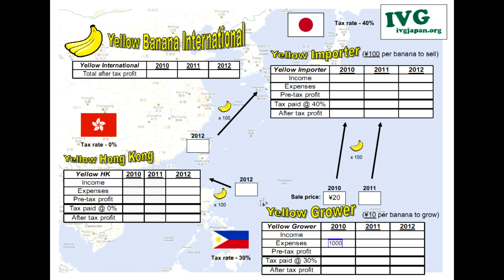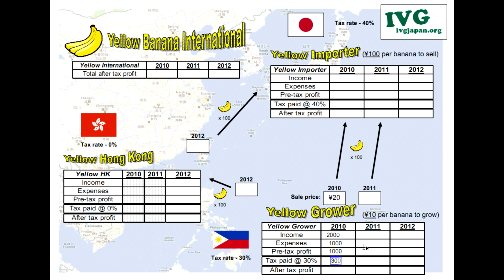So they're operating on the arm's length principle. They're operating as if the yellow grower and the yellow importer were separate companies and weren't owned by the same parent multinational. So their income for the year is 2,000 yen, which means they've made a pre-tax profit of 1,000 yen. Then we have to work out the tax they pay on that in the Philippines. So the corporate tax rate on profits in the Philippines is currently, in this example, 30%.